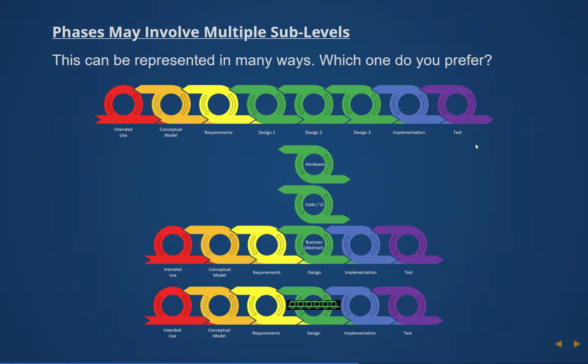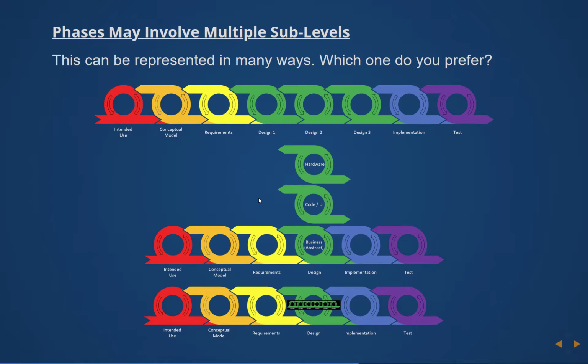I'll show three options here. One is that I may do three stages of design. So I show them serially embedded in the process on the top depiction. Here in the middle depiction, I have three all going on in parallel.